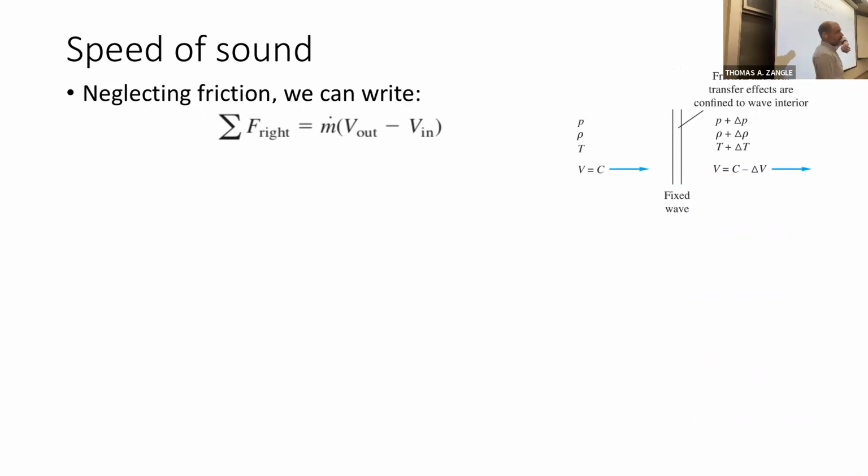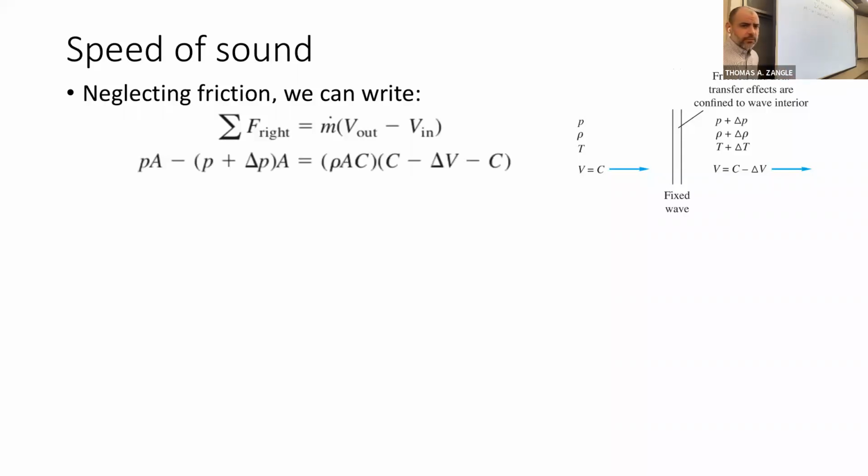So now we move to a momentum balance. Again, this is chapter 3 stuff, just applied to compressible flow. The sum of the forces acting in the positive X, or rightward, direction is m dot times V out minus V in. And again, we can plug it all in. The sum of the forces here is just going to be caused by any difference in pressure.